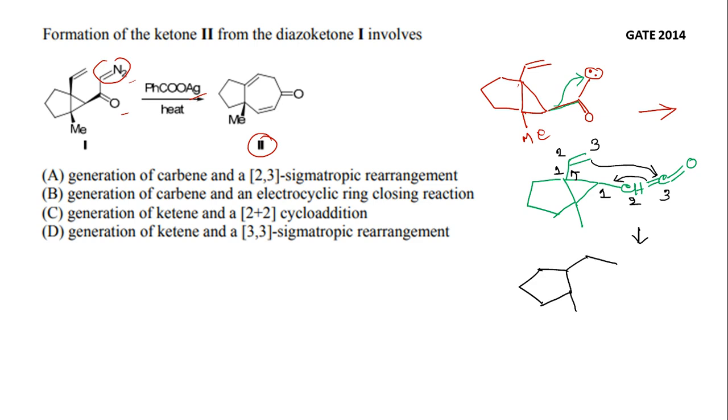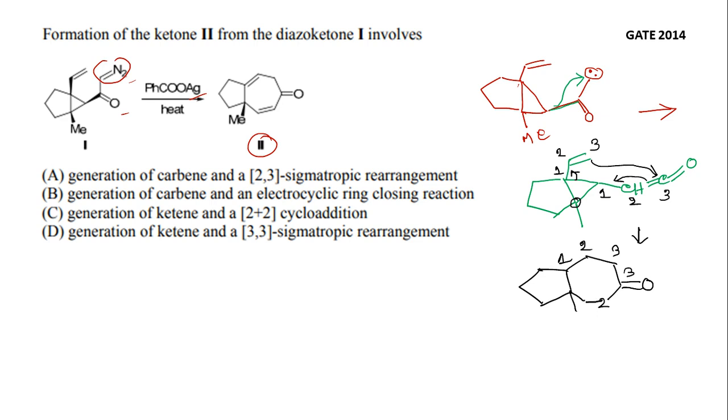I am again ignoring the stereochemistry. So now there will be a 7-membered ring, because 1, 2, 3, 1, 2, 3. The 3,3 are now connected. But the 1,1 bond is broken, and between 1,1 there is insertion of this carbon. So that is why it will be a 7-membered ring. If I follow the original numbering, it will be 1, 2, 3, then again 3, then we have 2, and then in between 2, 1 there is 1 carbon.